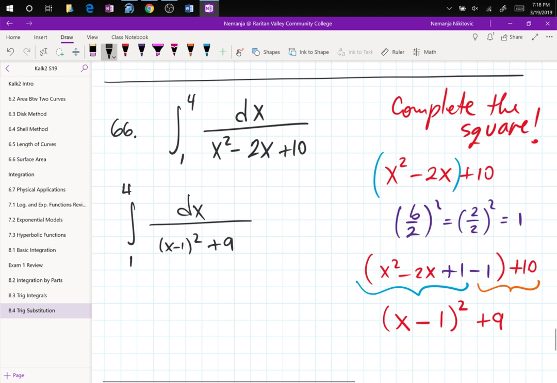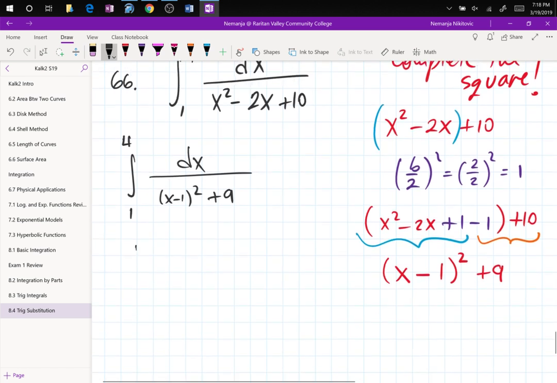You have two square things, a square parenthesis, so these are two legs. In my triangle, I have a leg that is x minus 1. Why are there two legs? Because it's a plus.